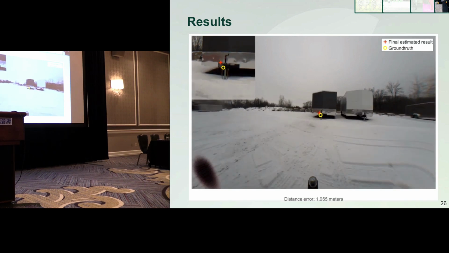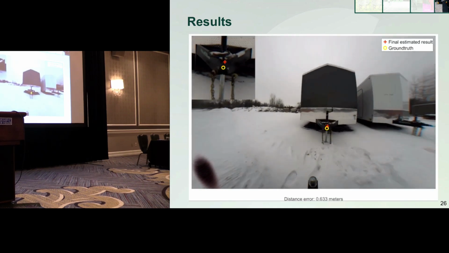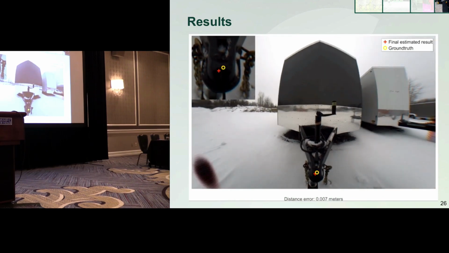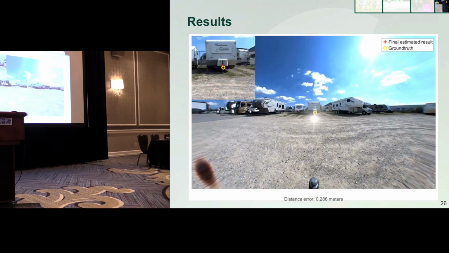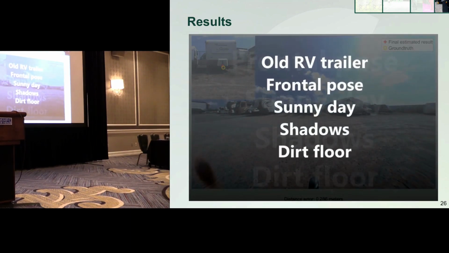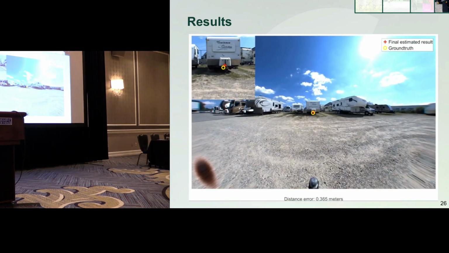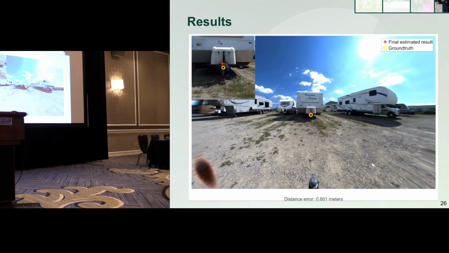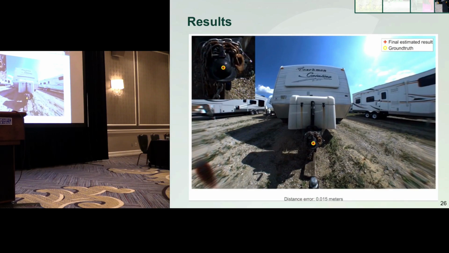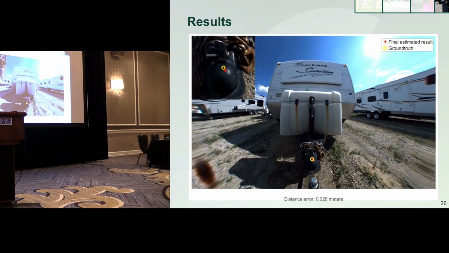The challenge, of course, is that you have to make your system work with any kind of trailer, any kind of weather condition, any kind of lighting condition. That's extremely hard. So we went through almost all the RV parks within the state of Michigan, captured thousands of videos, labeled them, and trained and tested our system to see how well it works.